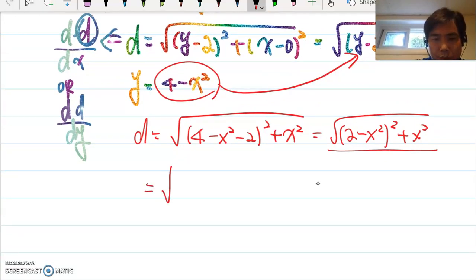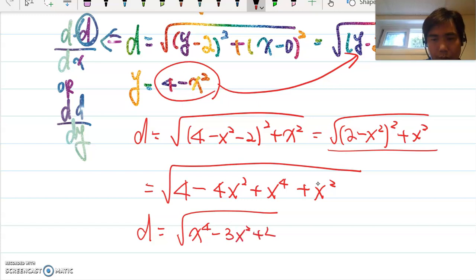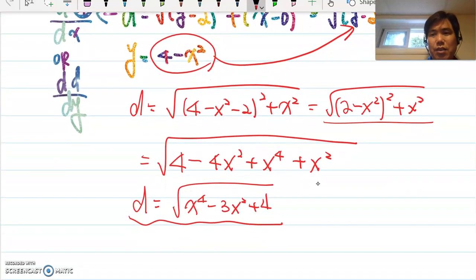Then this becomes square root of 4 minus 4x squared plus x fourth plus x squared. Therefore I can rewrite that d equal to square root of x fourth minus 3x squared plus 4. That's the distance, basically. So before we have both x and y, but now we have only x here, so we can solve this problem a little bit easier.